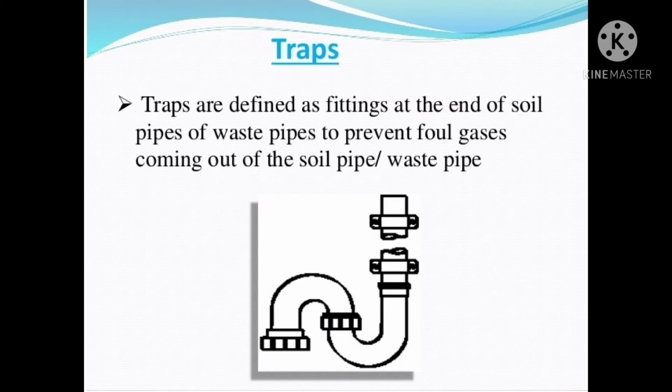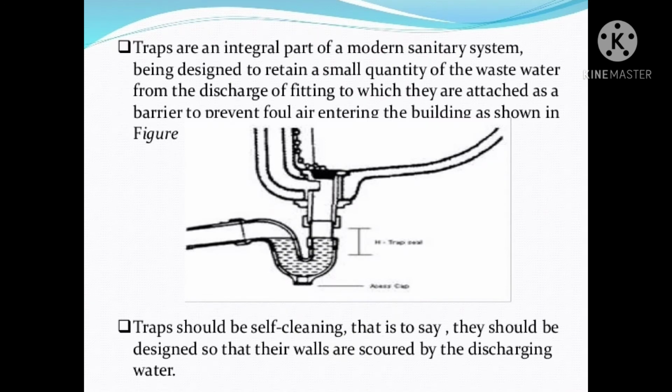This is the trap design. Traps are an integral part of a modern sanitary system, being designed to retain a small quantity of the wastewater from the discharge of the fitting to which they are attached, as a barrier to prevent foul air entering the building, as shown in the building.